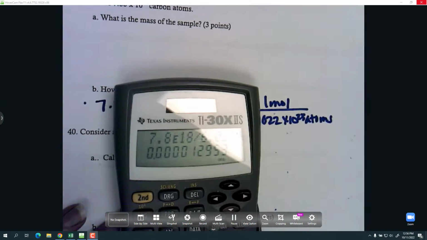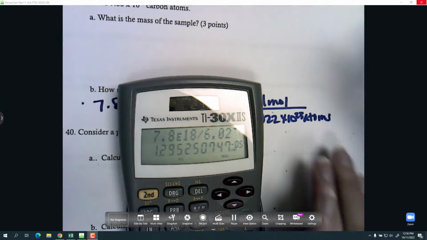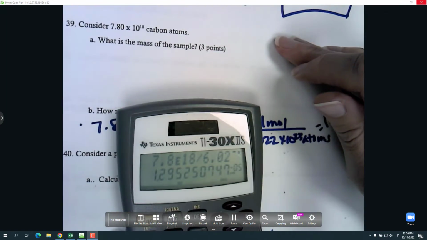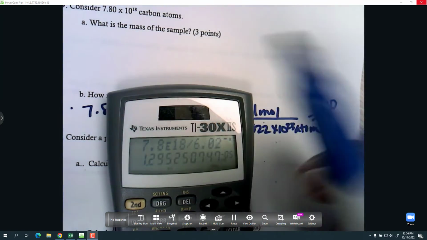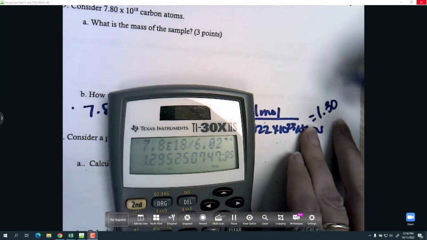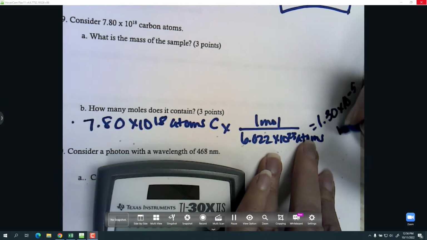All right, so sorry, there it is. It's pretty small. I'll just go ahead and convert it to scientific notation because it seems a little easier. I want 3 sig figs, so I want 1.30. So the 9 should round up, so it ends up 1.30 times 10 to the minus 5 moles.